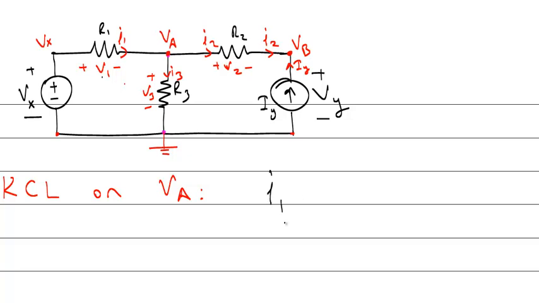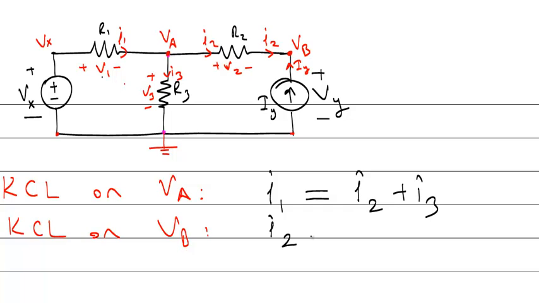I1, that's it. Exiting, I2 plus I3. Then, that's it. KCL on VB, which is entering I2, which is exiting, sorry, there are two currents entering. Exiting, 0.